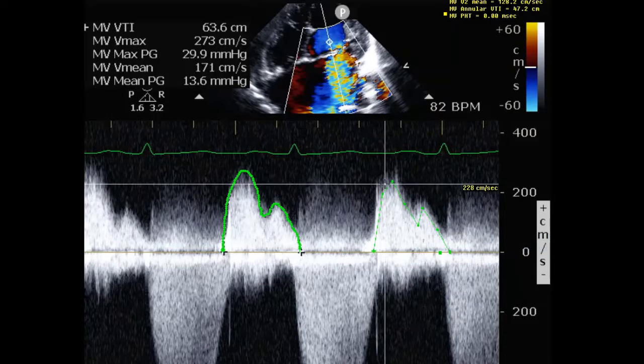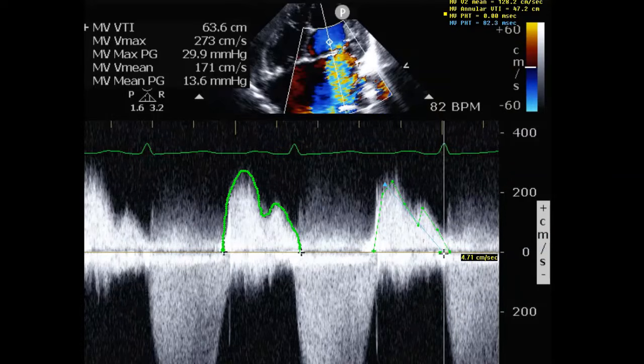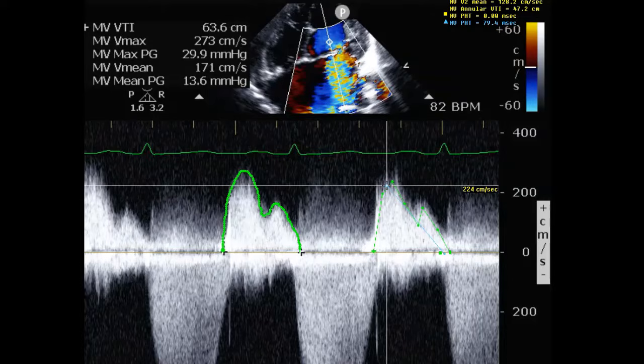Right here. Down, down. Making sure you're getting the second half of the slope, which it's hard to see here, but I think here we have it. In any case, your mitral pressure half time is about 83 milliseconds, which is quite low.